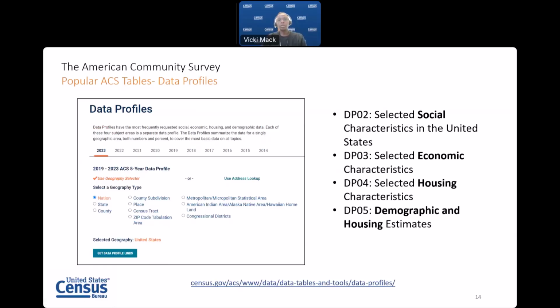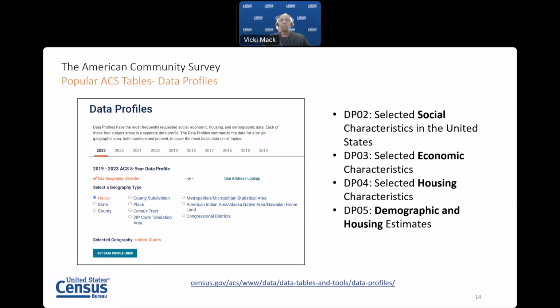Another great starting place for grant writers are the data profiles. The data profiles are DP02, DP03, DP04, or DP05. Those are the titles. According to the Census Bureau, they contain the most frequently requested social, economic, housing, and demographic data.